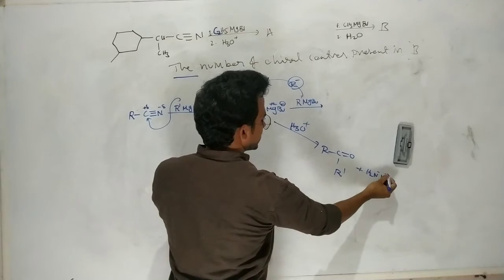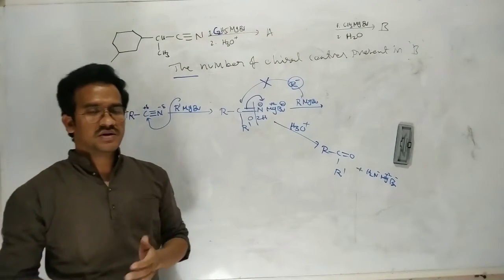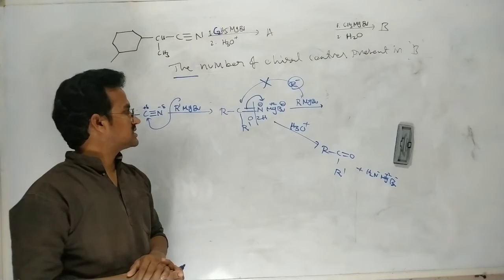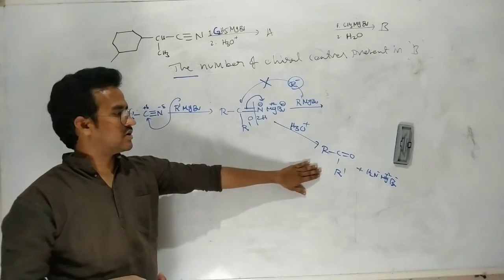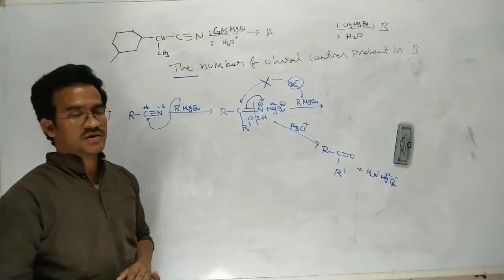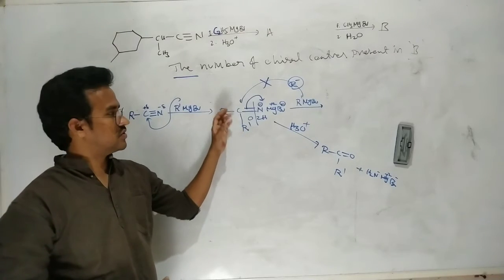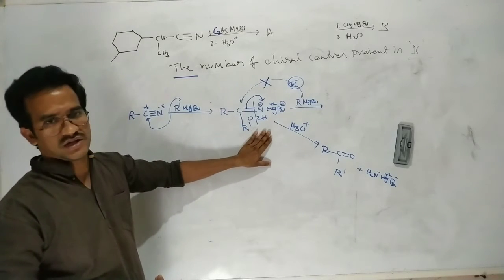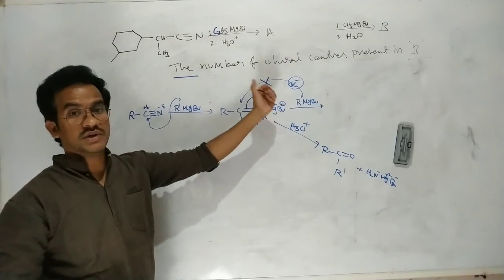Of course NH2 minus Mg plus 2 Br minus is the side product. So the Grignard reagent on reaction with alkyl cyanide followed by hydrolysis will give the ketone. Even if you add an excess amount of the Grignard reagent, the reaction stops at this stage. This cannot be added to a second mole of the Grignard reagent.